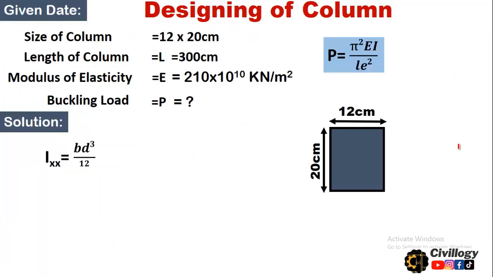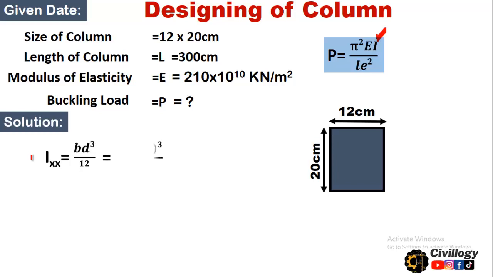So as you can see over here in this formula, we will need to find I. What is I? I is the least moment of inertia. What is moment of inertia? This is also a related video, the link of which is given in the description, so if you want to understand it in better form, you must watch the related videos. Ixx is the moment of inertia.